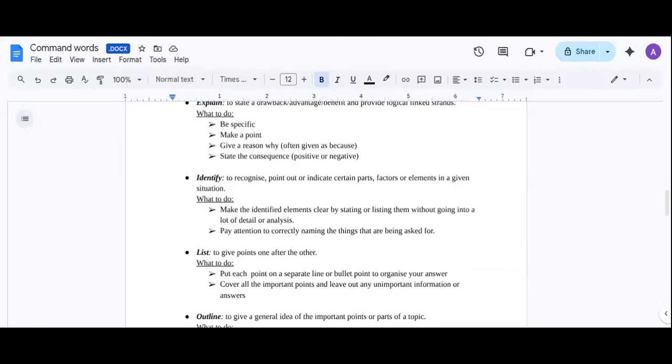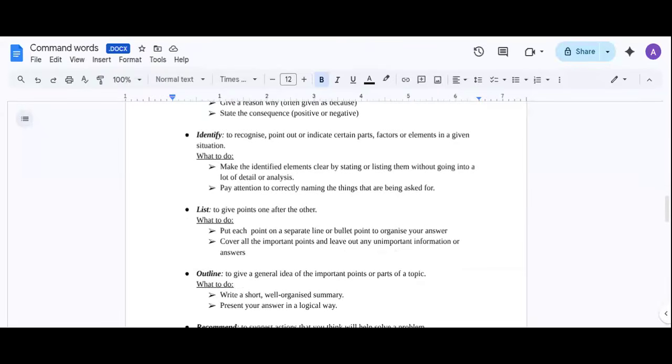Then we have list, to give points one after the other. What to do? Put each point on a separate line or bullet point to organize your answer. Cover all the important points and leave out any unimportant information. So if they said, list the 4 functions of the family, you use your lines.